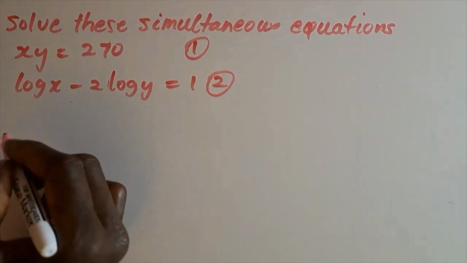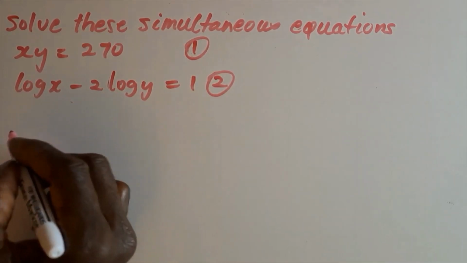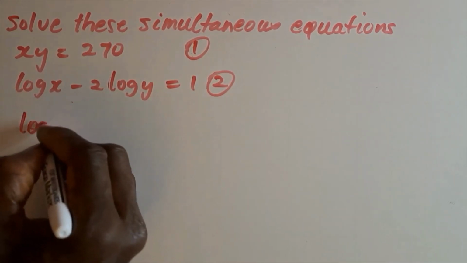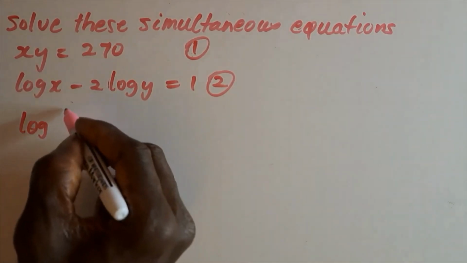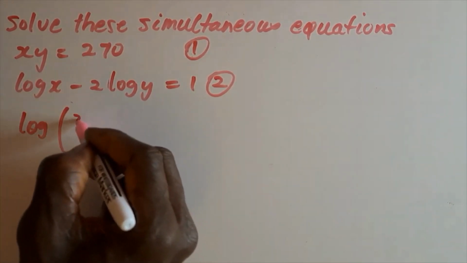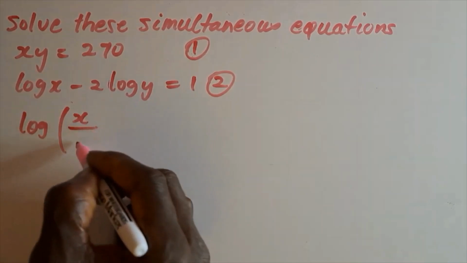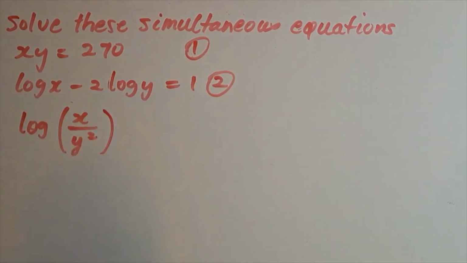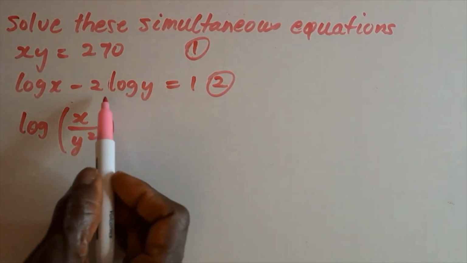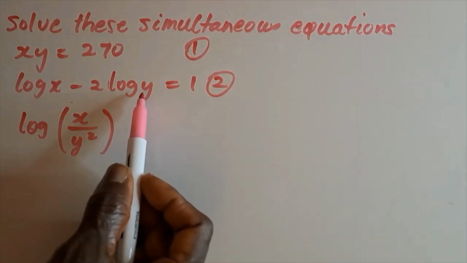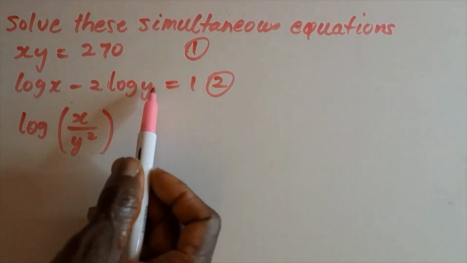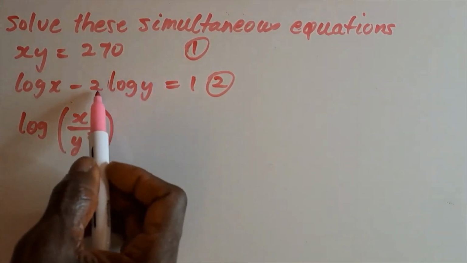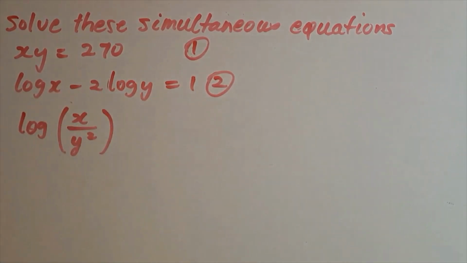So if we look at equation 2, we can rewrite it as the log of x divided by y squared. So this would have been log y squared, and that power now becomes a factor.